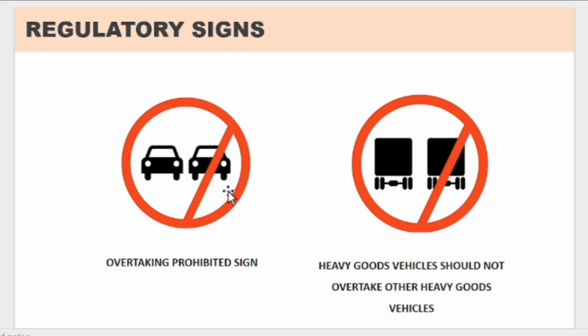Now what do I mean by that? Now if you see a road that is not wide enough for a heavy goods vehicle to overtake, because here we are talking about the width of the road. If the width of the road does not allow the heavy goods vehicle to overtake because of their large width compared to smaller vehicles, it does not mean that smaller vehicles cannot overtake.